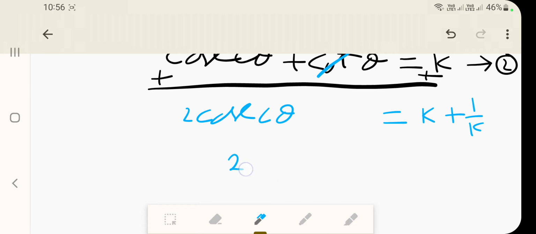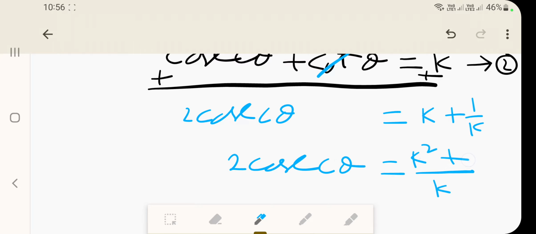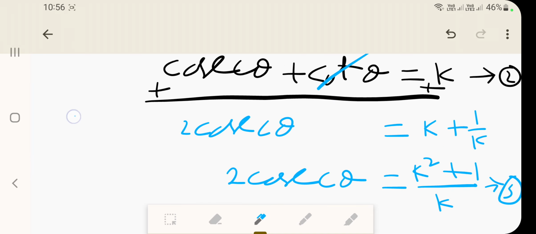If you do the simplification here, with LCM k, we get cosecant theta equal to k square plus 1 over k. This we take as equation number 3. So here we have done the addition of equations 1 and 2, and we got 2 cosecant theta equal to k plus 1 by k.